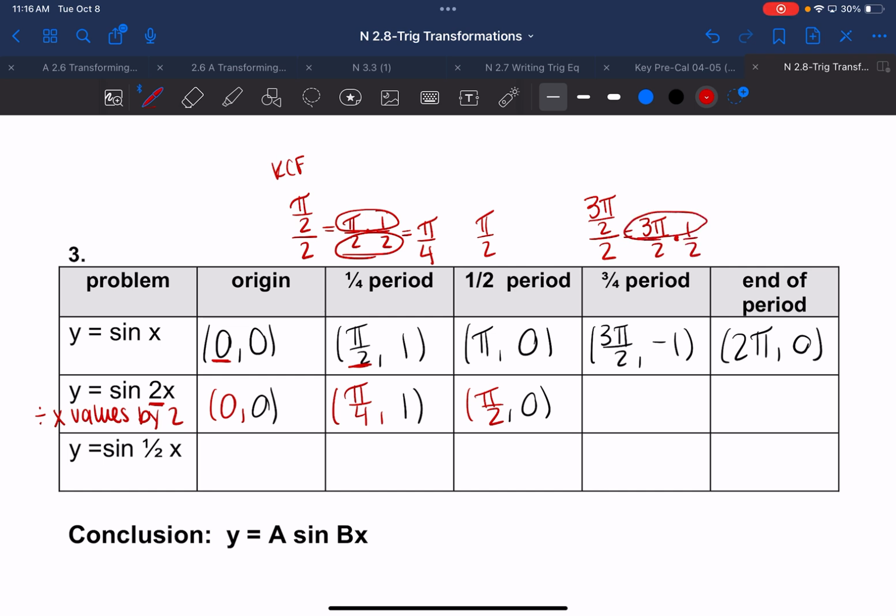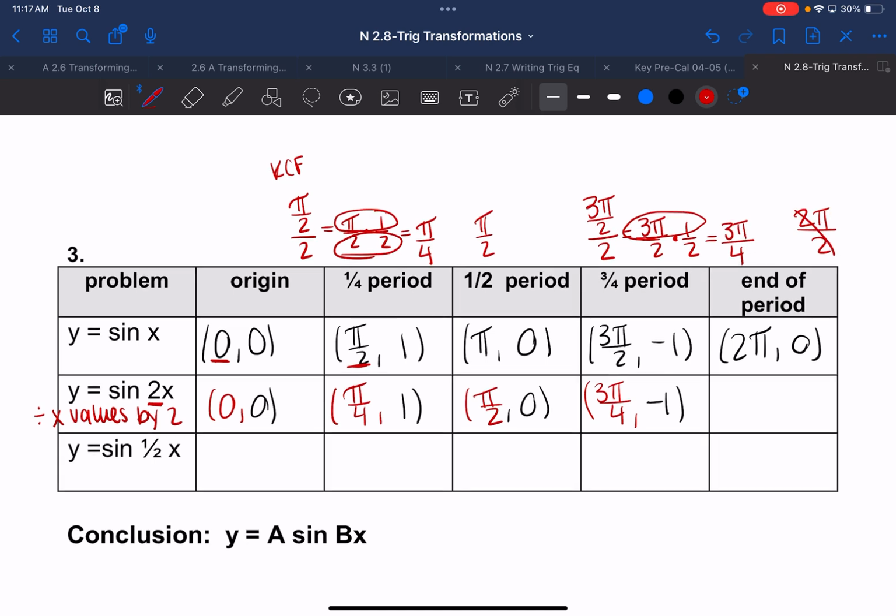So I multiply in the top, and I get 3 pi, and in the bottom we get 4. Okay, so this would be 3 pi over 4, and I don't change the y, so it stays -1. Okay, and then for the last one we got 2 pi. I'm supposed to put 2 pi divided by 2. What's that going to simplify to? Just pi. Good. So I got pi, and then again, that y value doesn't change.